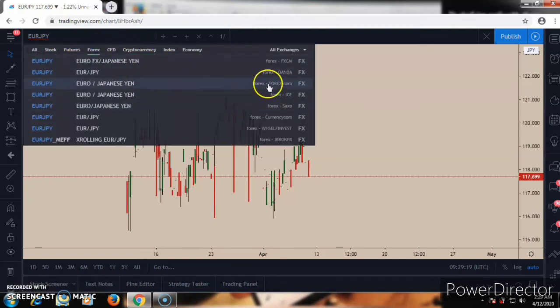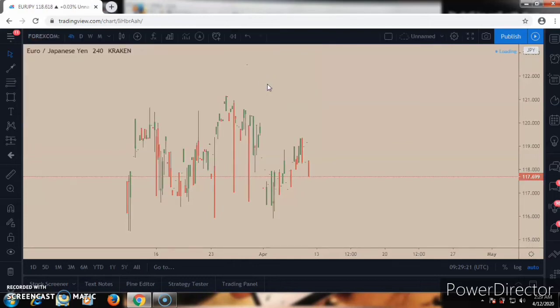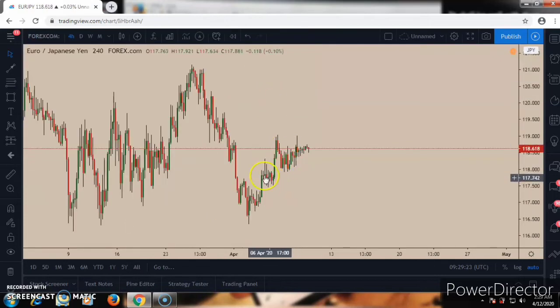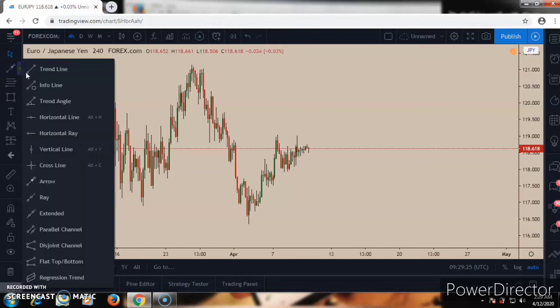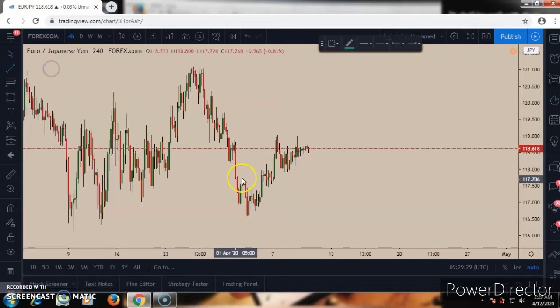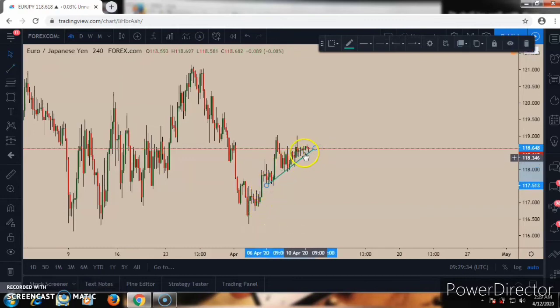EURJPY. You can see it's exactly the same thing we talked about for the CHFJPY, the same point where we are looking for shorts, for the market to break and retest before we make our entry.